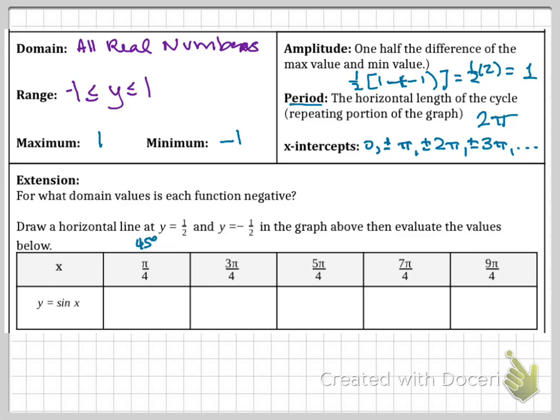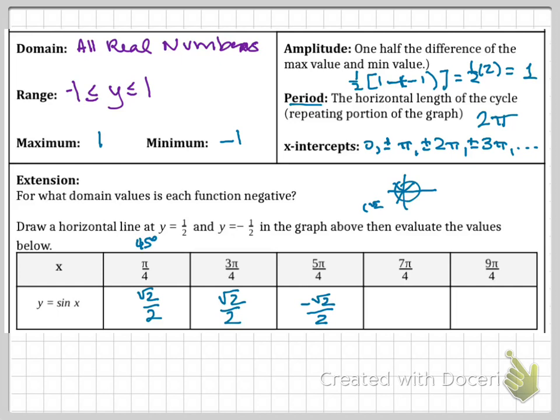And if we remember from our lesson on the unit circle, at pi over 4, that's actually root 2 over 2. Okay, we're looking at our y values this way. So it's positive. Then 3 pi over 4, that's still root 2 over 2. Then we get below here, that is going to be negative root 2 over 2.